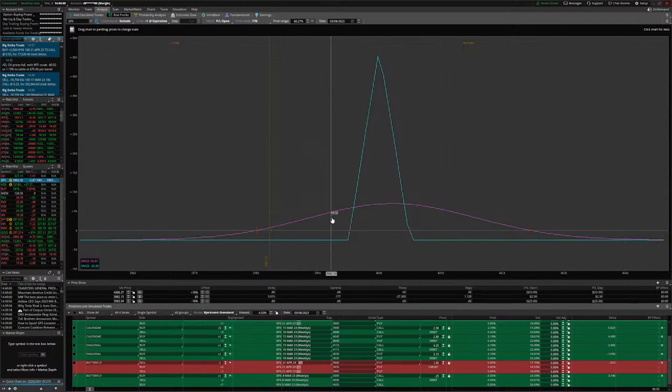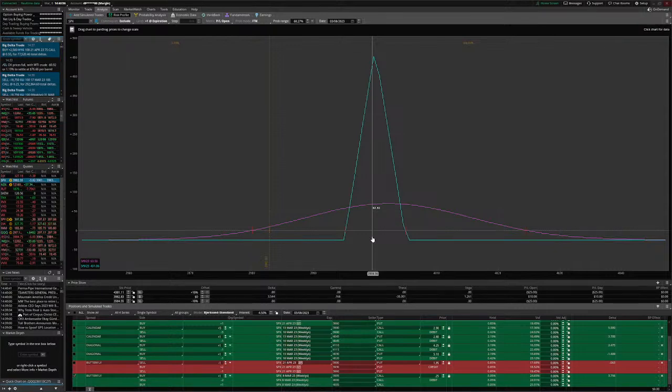But notice how this curve, this profit and loss diagram, bends for a butterfly. And even though this is just 5 wide, short the 4,000 calls and then long the 3,995 and 4,000 calls.